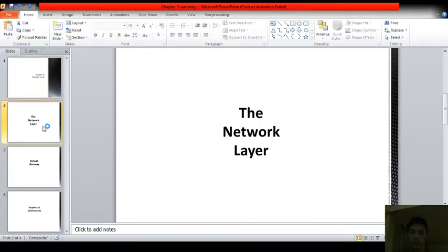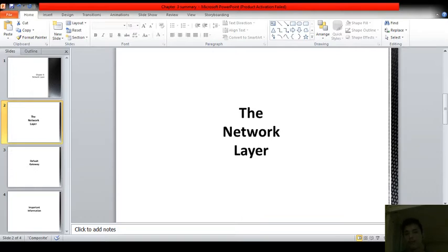Then let's proceed to the network layer. The network layer, also known as OSI layer 3, provides the service to allow end devices to exchange data across the network. To accomplish this end-to-end transport, the network layer uses four basic processes.